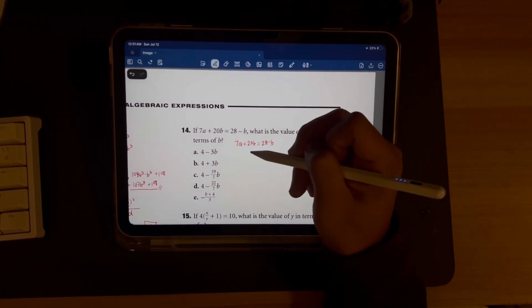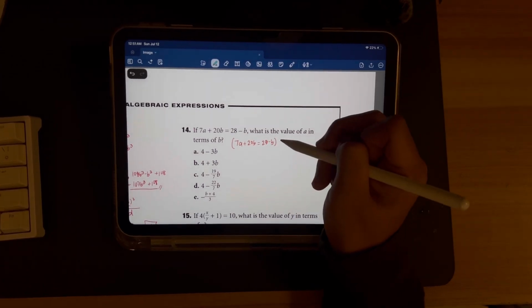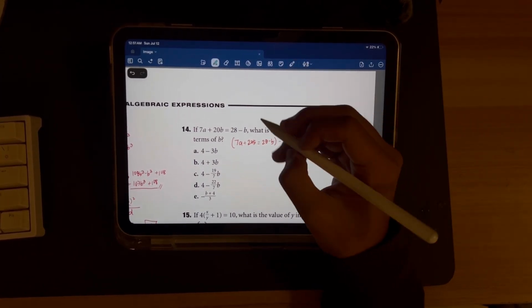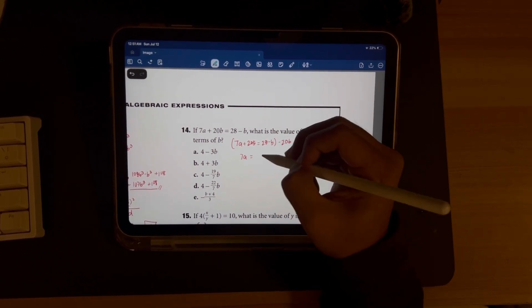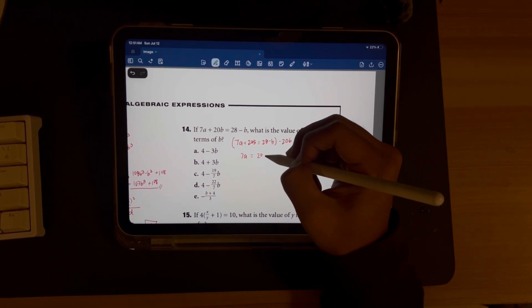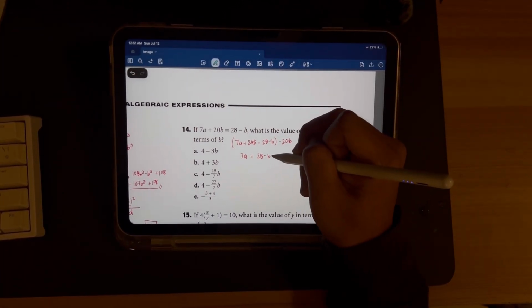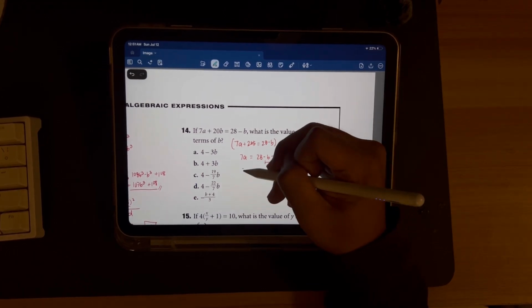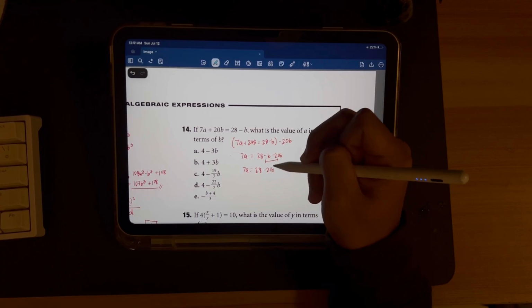Let's isolate a by first subtracting 20b both sides. And we are left with 7a is equal to 28 minus 21b.